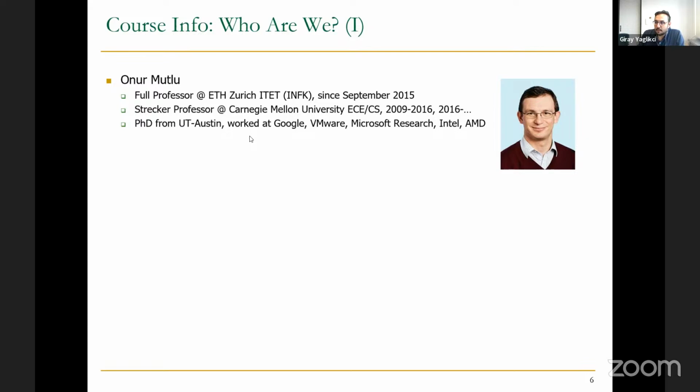He has work experience at multiple top tech companies like Google, VMware, Microsoft Research, Intel, and AMD. I think this list is longer than what you see in this slide. Onur Mutlu is the leader of the SAFARI Research Group, and we are all his students. Our team consists of some PhD students, master students, and some visitors as well.